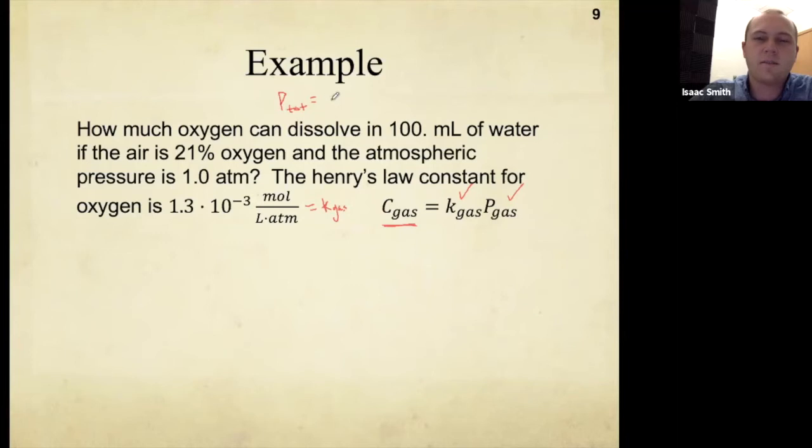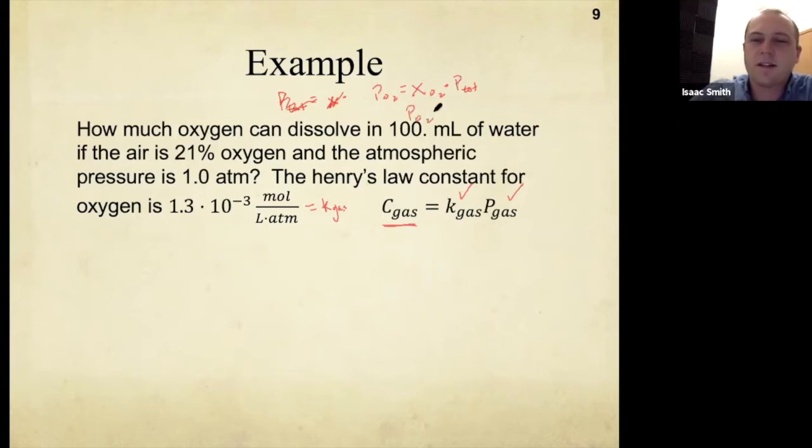Sorry, that's wrong. The partial pressure of oxygen equals the mole ratio of oxygen times the total pressure. So we do 21%, which is our mole ratio here, times the total pressure, which is going to give us the pressure of oxygen.